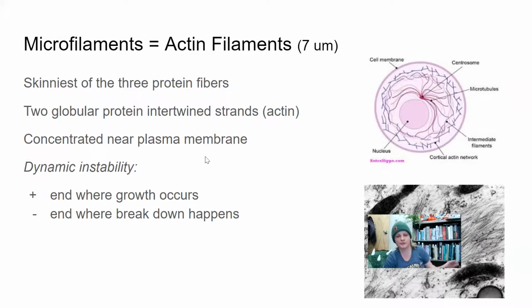Okay, so let's go back and talk about actin filaments and not get sidetracked like I am prone to do. So these are the skinny ones. The actin proteins are wound up together, concentrated in the plasma membrane. And these also have dynamic stability, where we have a positive end and a negative end.